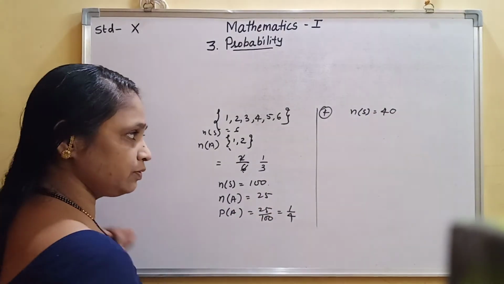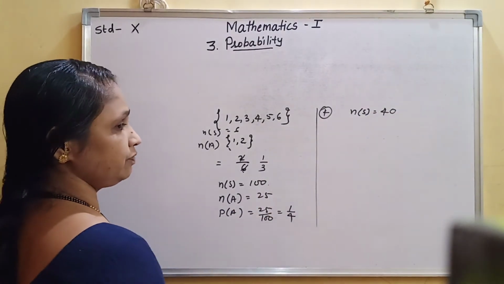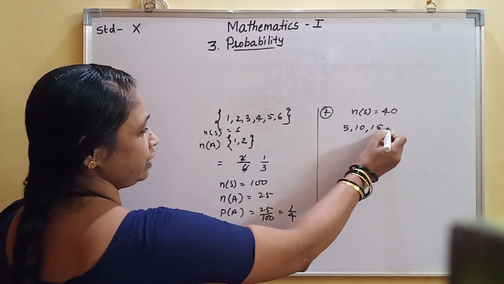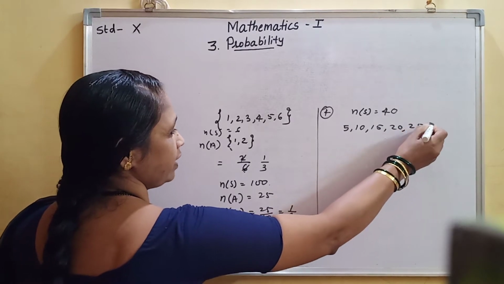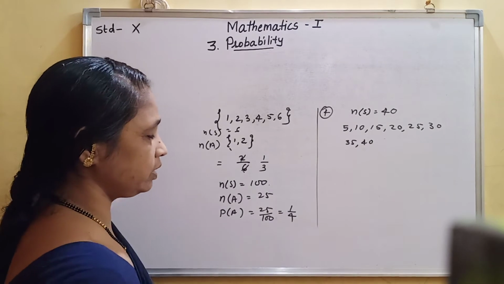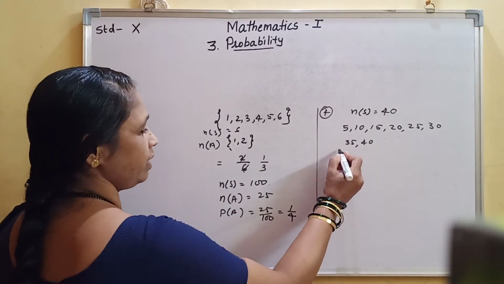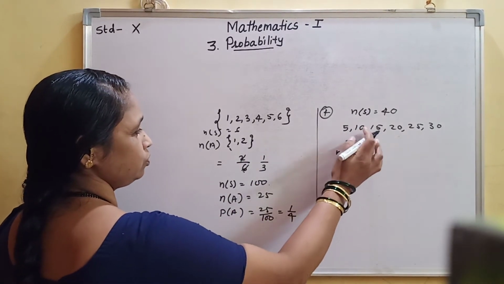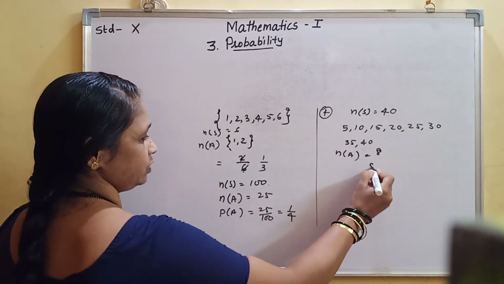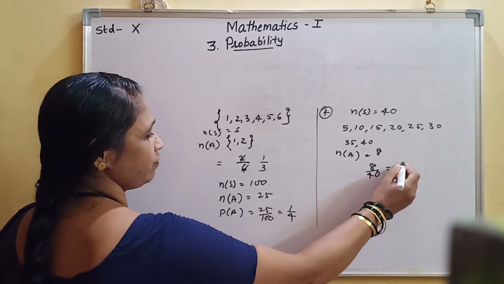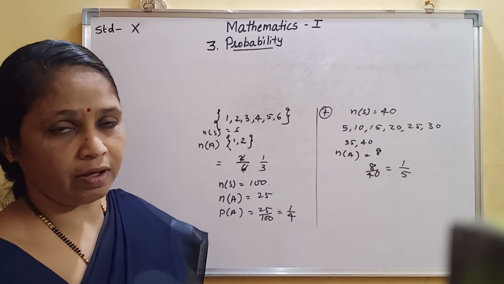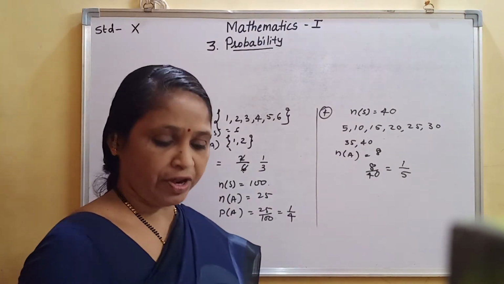The numbers divisible by 5 are 5, 10, 15, 20, 25, 30, 35 and 40. Counting them, 1, 2, 3, 4, 5, 6, 7, 8, so n(A) is 8. So 8 by 40, which is 1 by 5, since 8 ones are 8 and 8 fives are 40. So the probability of the event will be 1 by 5.